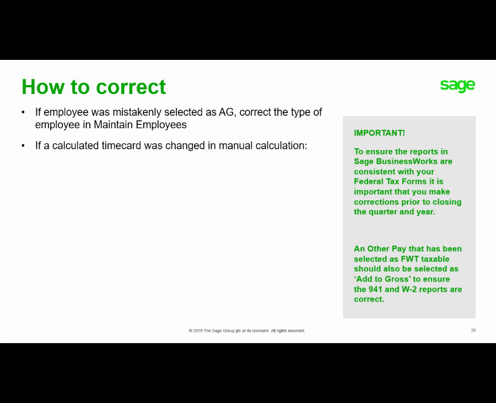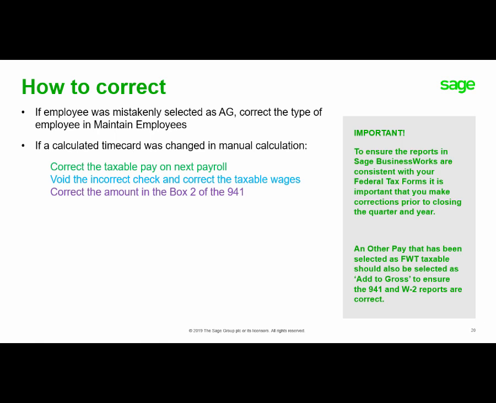If a calculated time card was changed in manual calculation, if the quarter is still open and your employee will have another payroll check processed within the current quarter, you can correct the taxable pay in manual payroll calculation on that next payroll check.